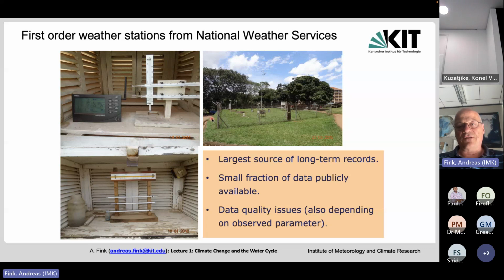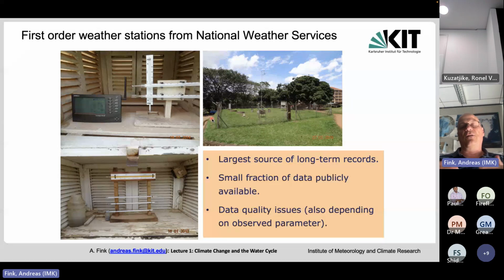We have surface stations. And the largest source of long-term records are the stations maintained by the National Weather Services. The problem is often that only a small fraction of these data is publicly available. I know that very much as a researcher having worked in Africa for decades.